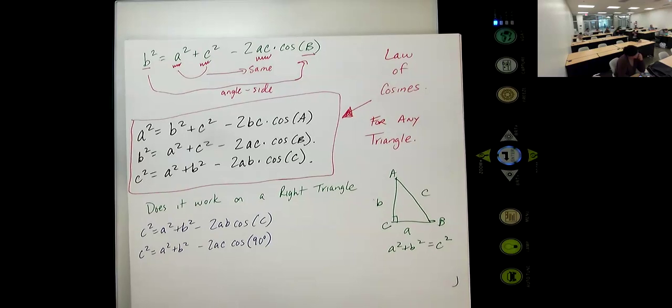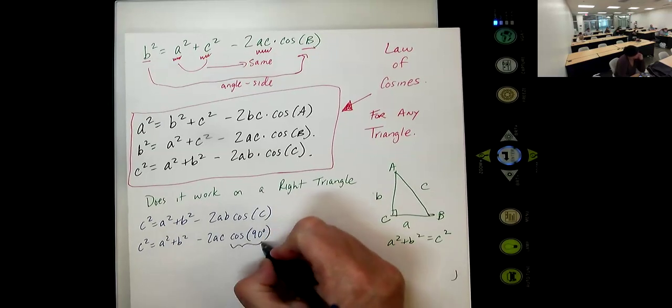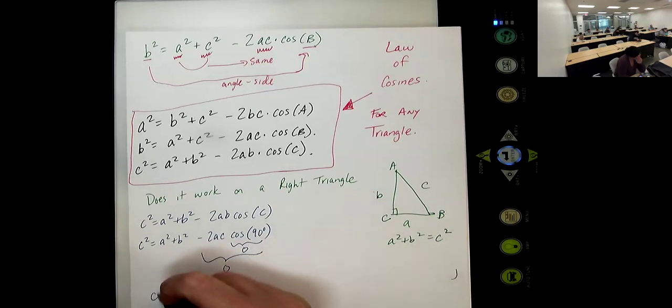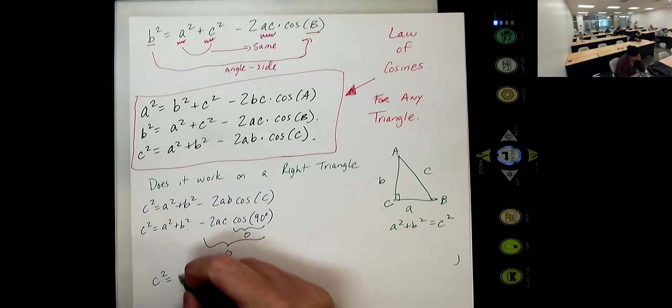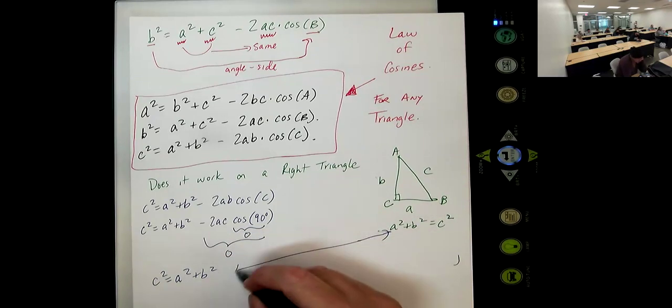And what is the cosine of 90? 0. So this is 0, which makes this whole thing 0. And we still get c squared equals a squared plus b squared. Our good old Pythagorean formula.